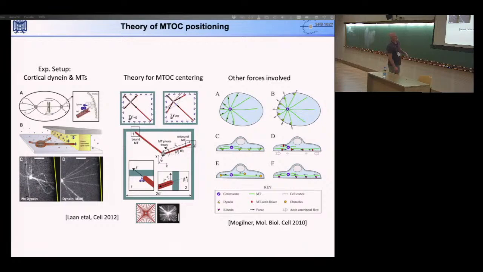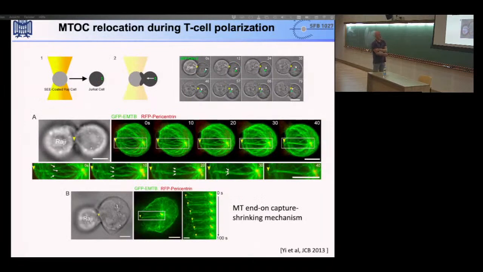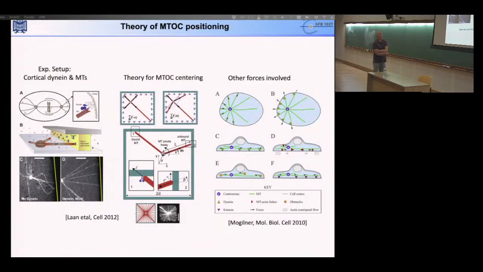Okay, so this is what these people called the end-on capture shrinkage mechanism for dynein pulling on microtubules. There's also another mechanism, which is cortical sliding.